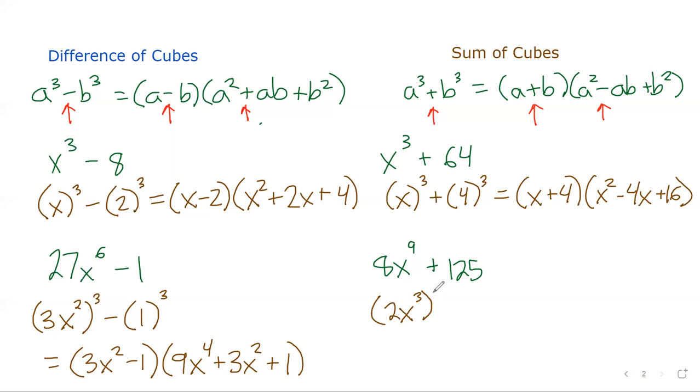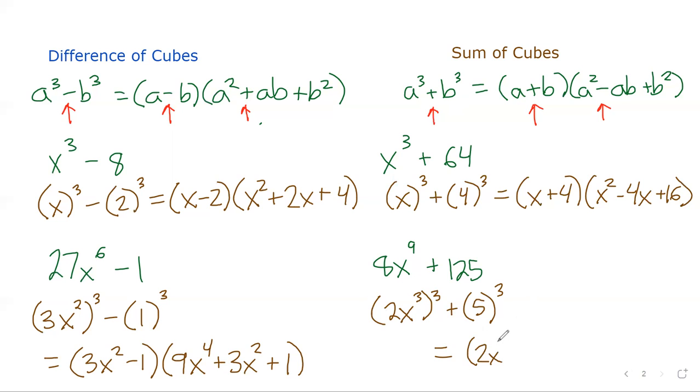That's 2x cubed, cubed, plus 5 cubed. If we're following this pattern, A is 2x cubed, B is 5. So we'll just follow the pattern and see how it goes.